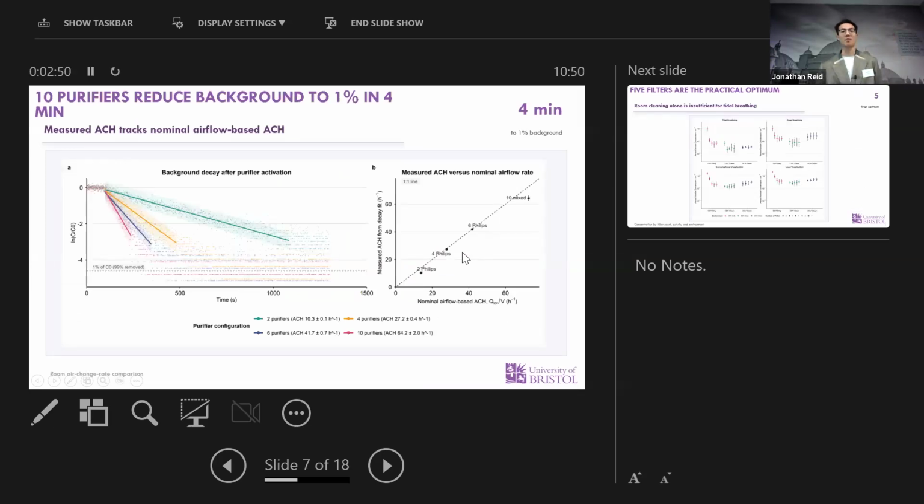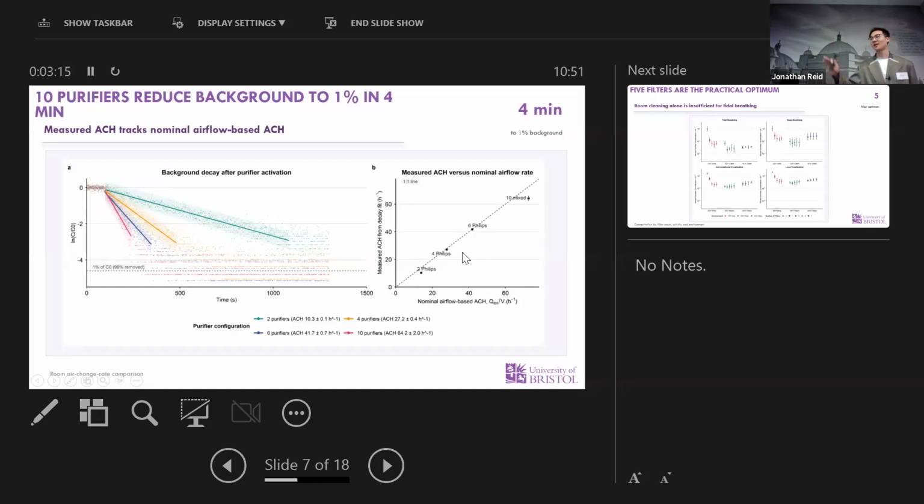So, does the purification actually work? We found that by using 10 purifiers, we are able to reduce the background aerosols to 1% within 4 minutes. And why don't we have more than 10 purifiers? Believe me, you won't want to stay in a room with 10 purifiers roaming around you. It's really noisy.